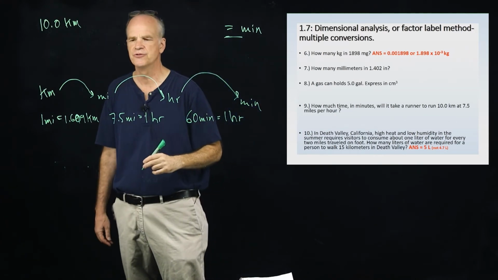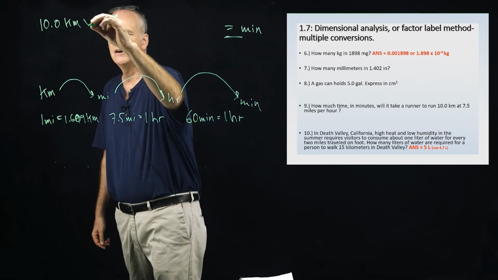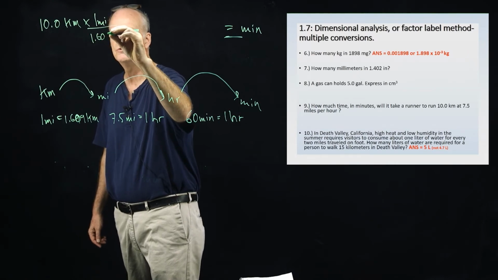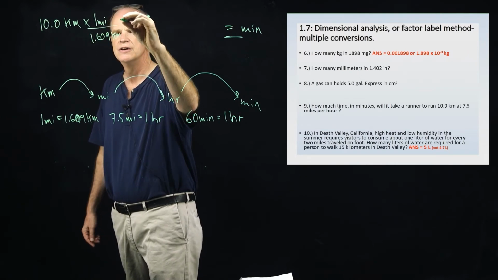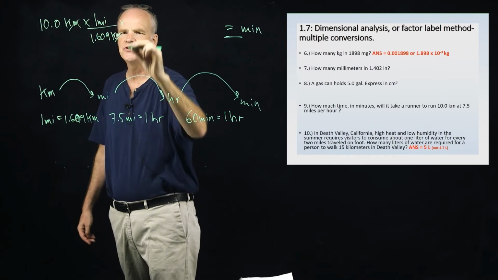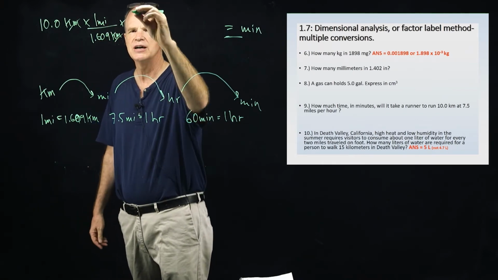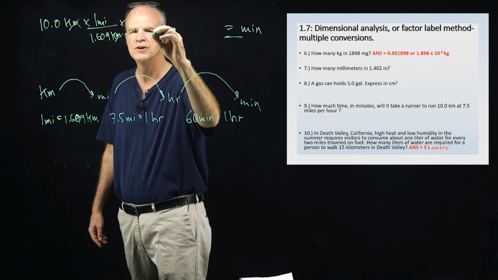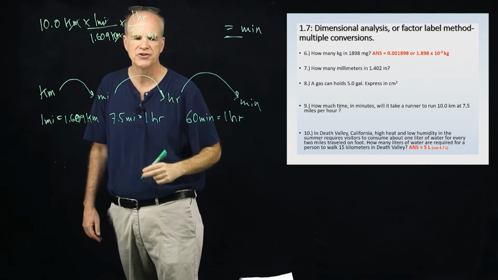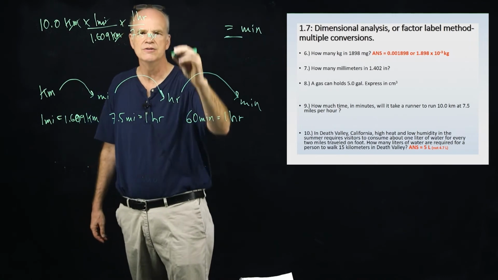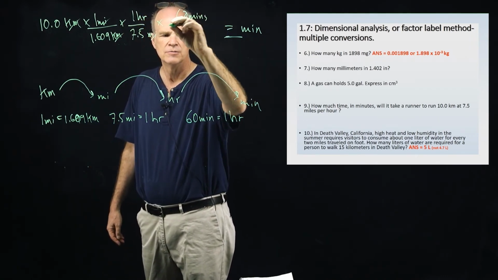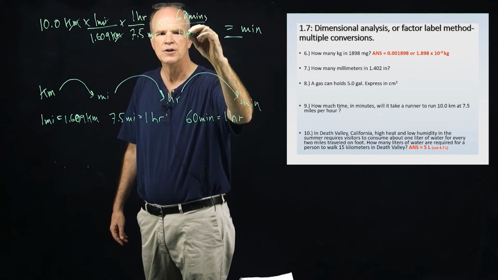Okay, so let's go ahead and throw in the fractions. I have 10.0 kilometers times 1 mile over 1.609 kilometers. Kilometers cancel, and we get an answer in miles. Then we have times 1 hour over 7.5 miles. Miles cancel, and we get an answer in hours. And then we have 60 minutes per hour.